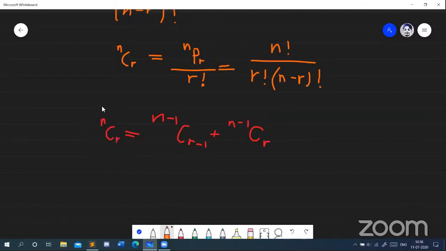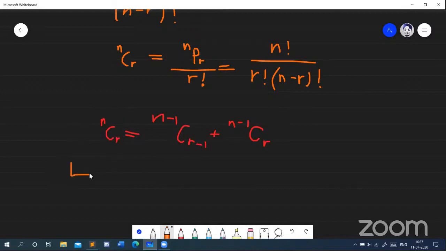What even is n choose r? It is the number of ways to choose r things from n things, right? So if I select r things from n things, or you could think about it as forming a team of r people from n people, and this would be the number of possible teams.